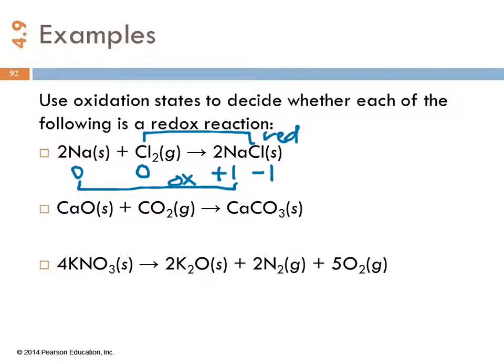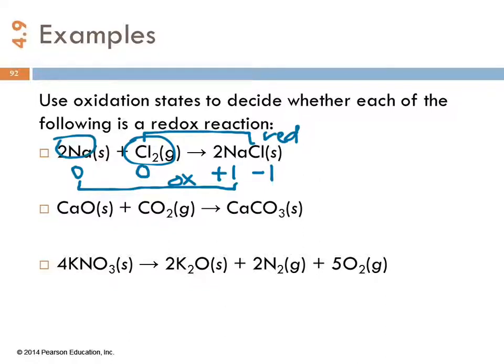Okay. Which of these is the oxidizing agent? The chlorine is the oxidizing agent. It causes the other one to be oxidized. It doesn't get oxidized itself. It's the agent for that to happen. Chlorine is the oxidizing agent. Sodium is the reducing agent.